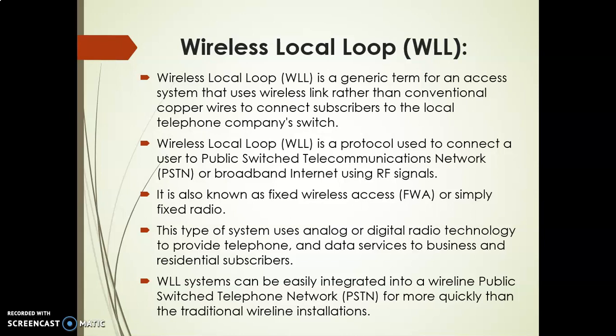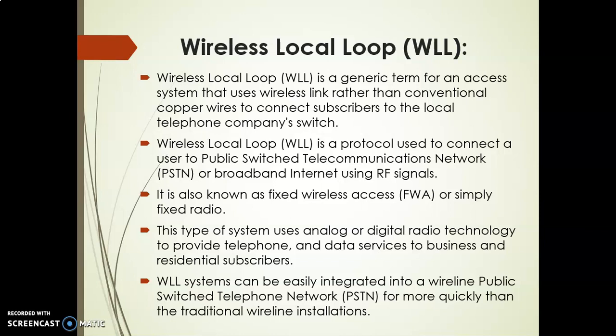This type of system uses analog or digital radio technology to provide telephone and data services to business and residential subscriber. Okay, this is the important topic, that this WLL wireless local loop uses the analog or digital technology to provide telephone or data services, that is voice or data services, to businesses and the residential subscriber.